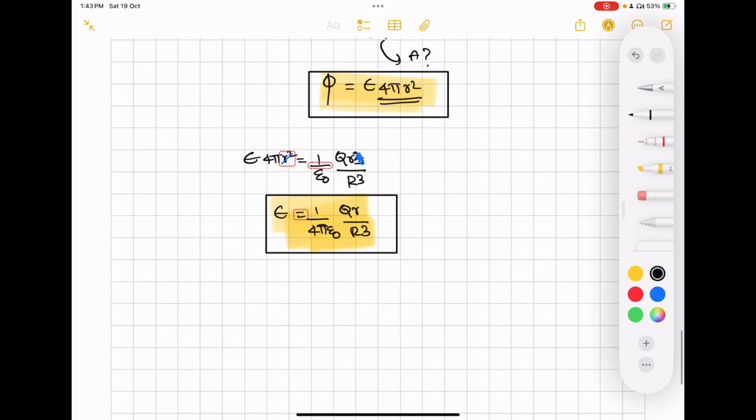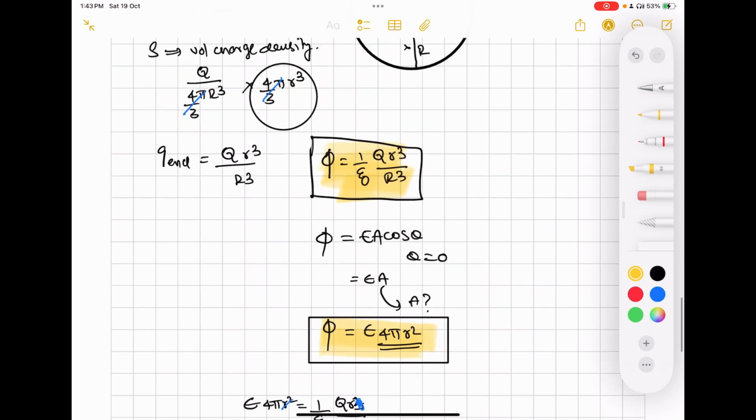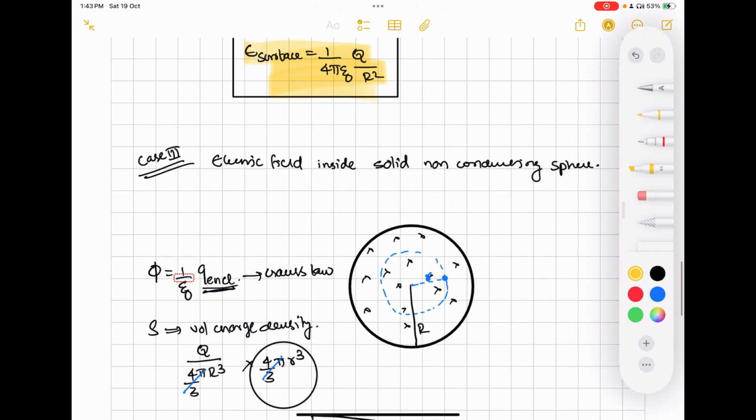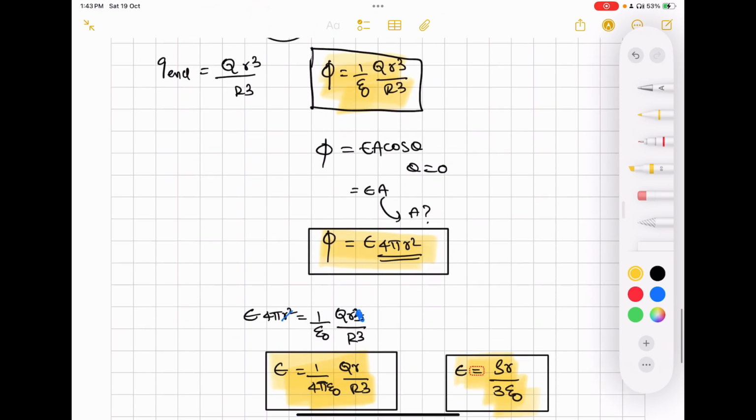If we substitute that value here, we will get electric field inside is equal to rho r by 3 epsilon 0. So this is the electric field due to a non-conducting solid sphere at an inside point r.